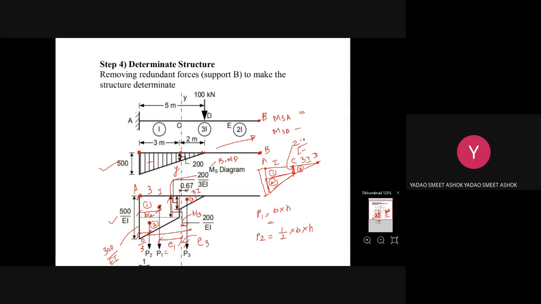Yes, am I audible? What is the statically determinate moment at A? Statically determinate moment at A and at B. What is MSA, and what is MSB?